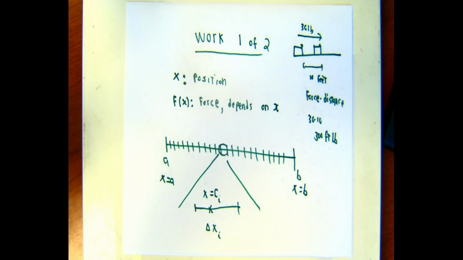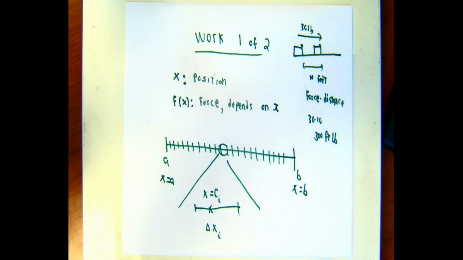We'll follow the same strategy that we've been following. I'll divide the range of x values from a to b up into a large number of much smaller ones. I'll call the width of one of these delta x sub i, with an index showing which chunk I'm talking about. Within each of these smaller pieces, I'm going to select an x number, c sub i.